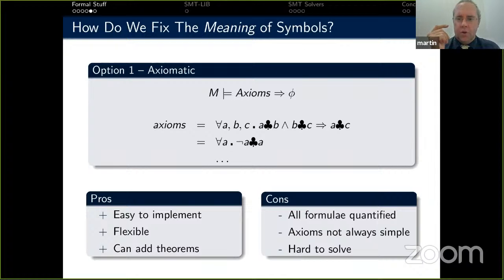If you look at the literature on automated reasoning, this is the approach that first order provers traditionally use: if you want to talk about arithmetic, you must give me the axioms that you want your arithmetic to follow. Tools like E and SPASS, Vampire in its classic sense, follow this line of things.